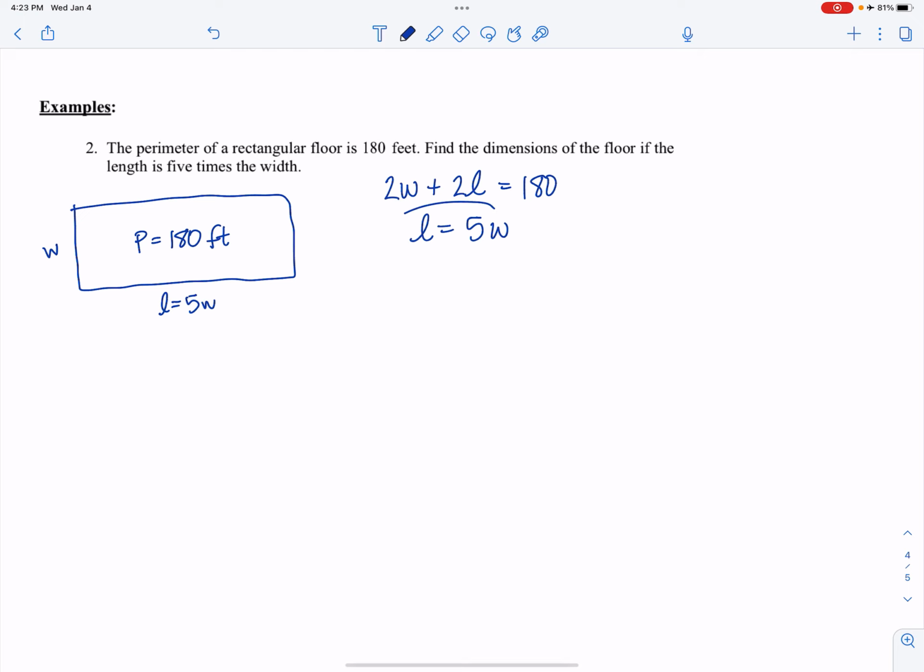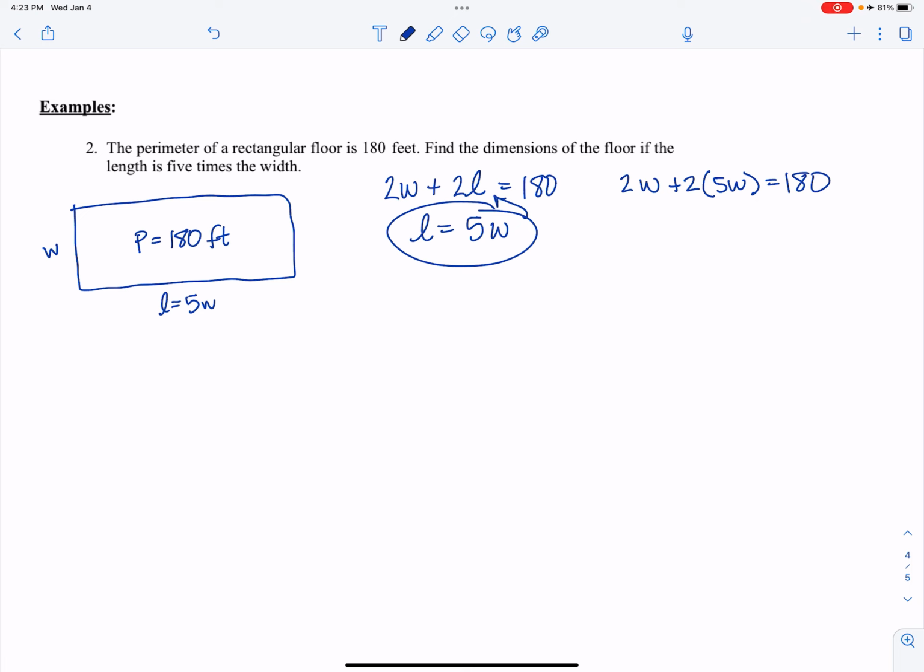So since L is 5W, let's plug that in to this other equation here. So we'll have 2W plus 2, and L is 5W, and that equals our perimeter.